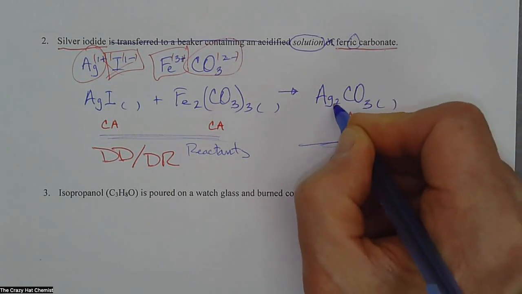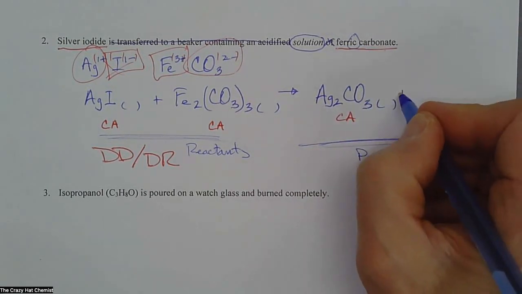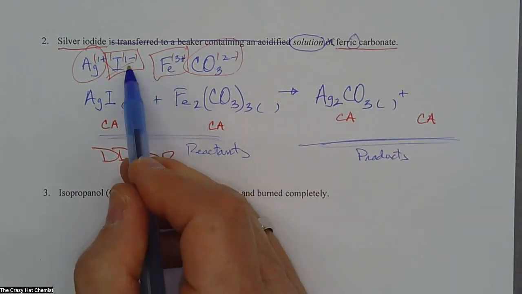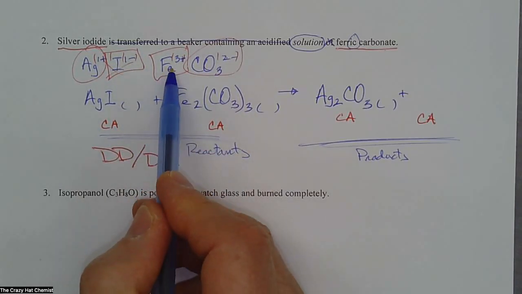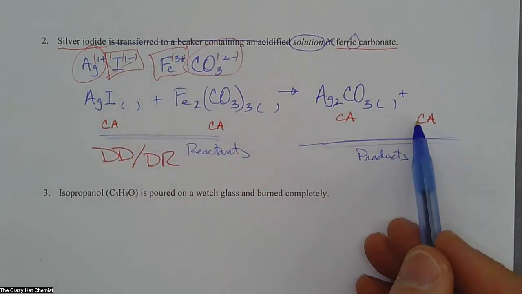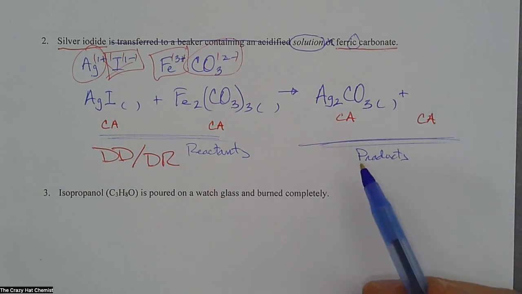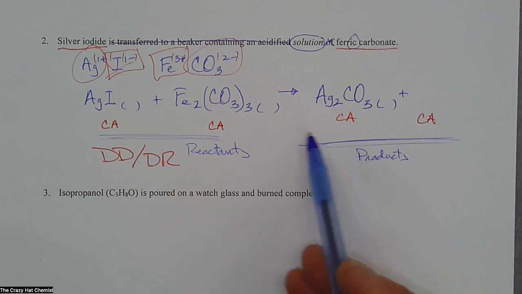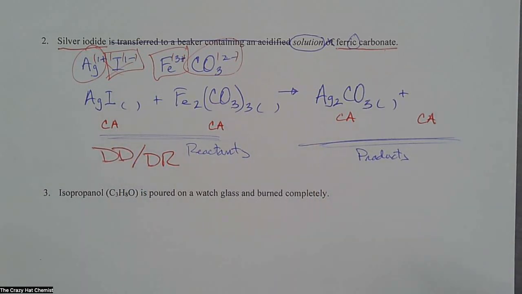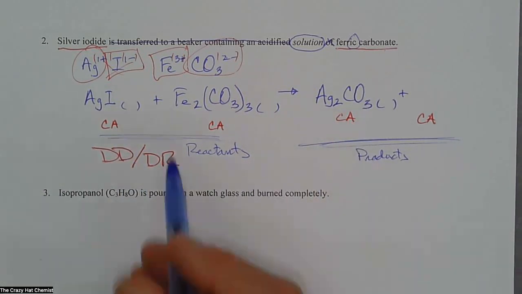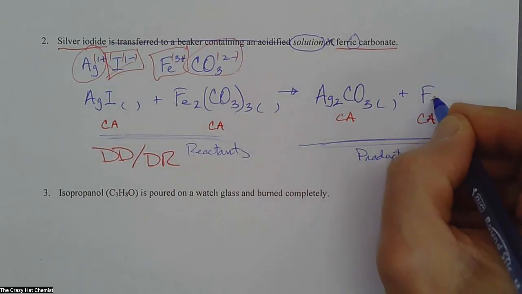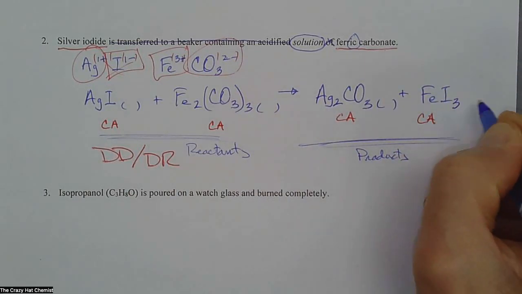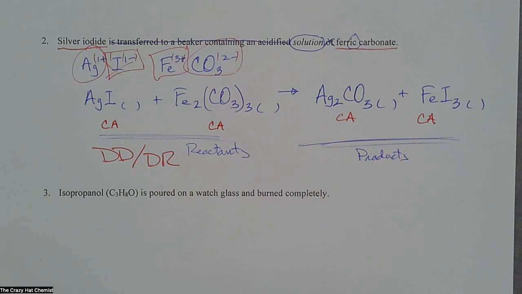That is silver carbonate, plus ferric iodide. And notice that the iron comes first because it's a cation, because we're in California. You know, if you're in Georgia or Washington or another state, you can still understand that California will work here for this, a cation, anion. So ferric iodide, FeI with a 3, in parentheses like that.